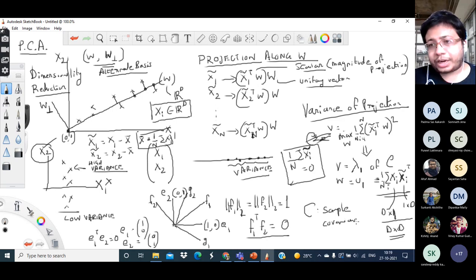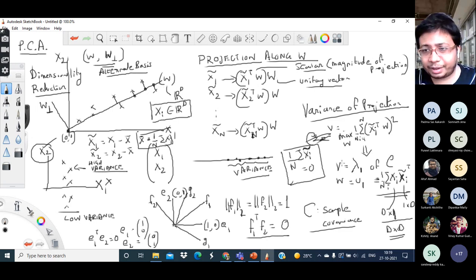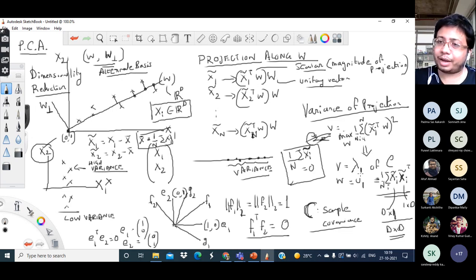So the direction W along which the variance of the data is maximized is nothing but the first eigenvector of the sample covariance matrix C of the shifted data. And what is the quantity of that variance? It is nothing but lambda 1, the corresponding eigenvalue.